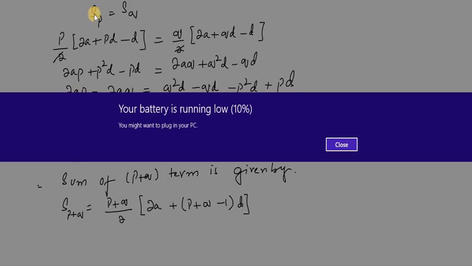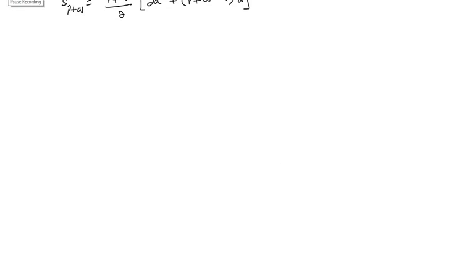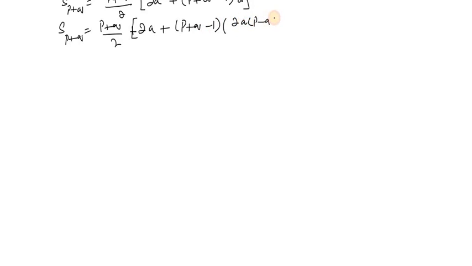So we put the value of d in this equation: (p + q) upon 2 [2a + (p + q − 1)] and the value of d, which is in equation number 3, implies the value of d is 2a (p − q) upon (q square − q − p square + p).